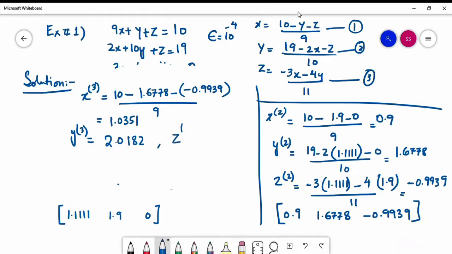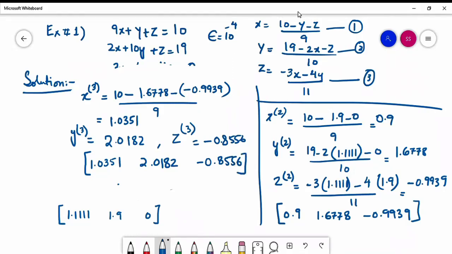And z3, by solving it, is minus 3 into 0.9 minus 4 into 1.6778, and that is minus 0.8556. So your next modified iteration, you have to take x as 1.0351, y as 2.0182, and z3 as 0.8556.